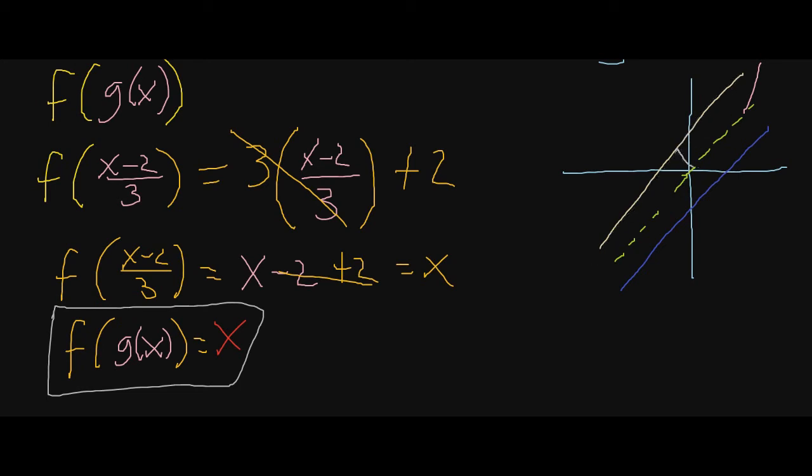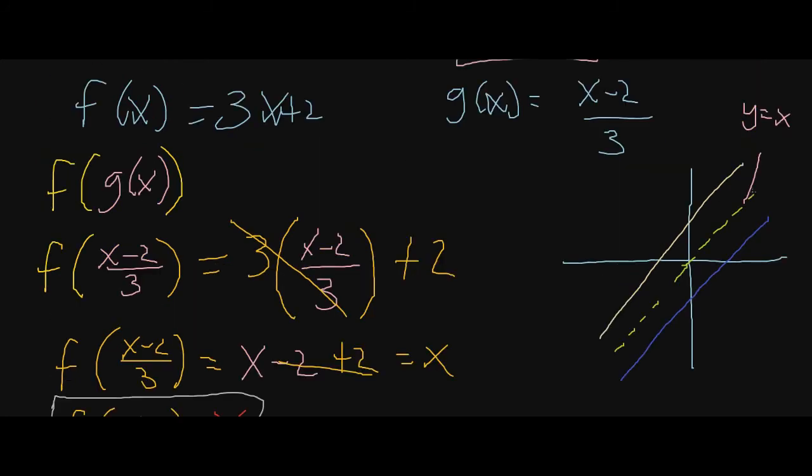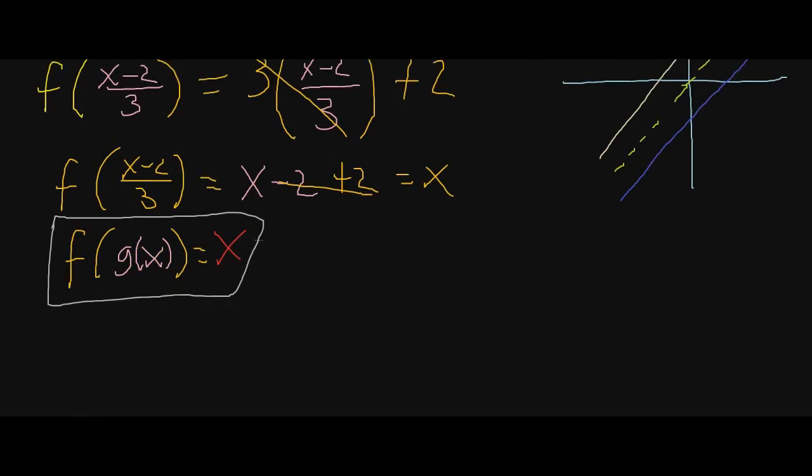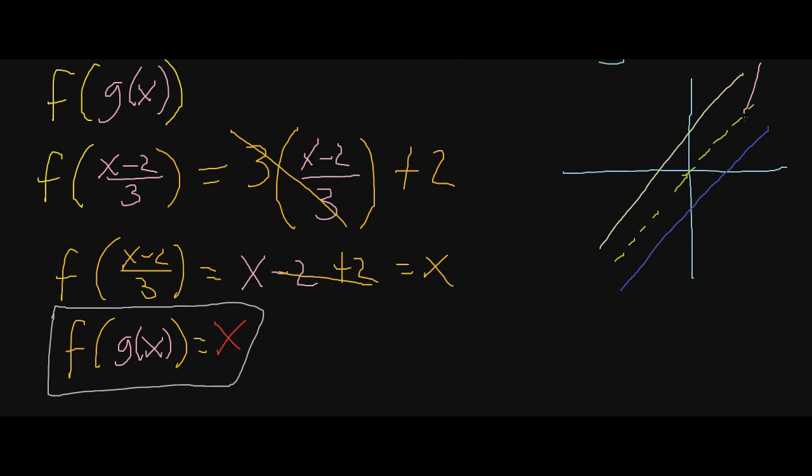If it goes this distance right up, and I plug in my inverse function, I'm going back. My inverse function does the opposite, so I'm going back to this line here, which is y equals x. And that's why we get x back, because we're just getting back to the line of reflection.